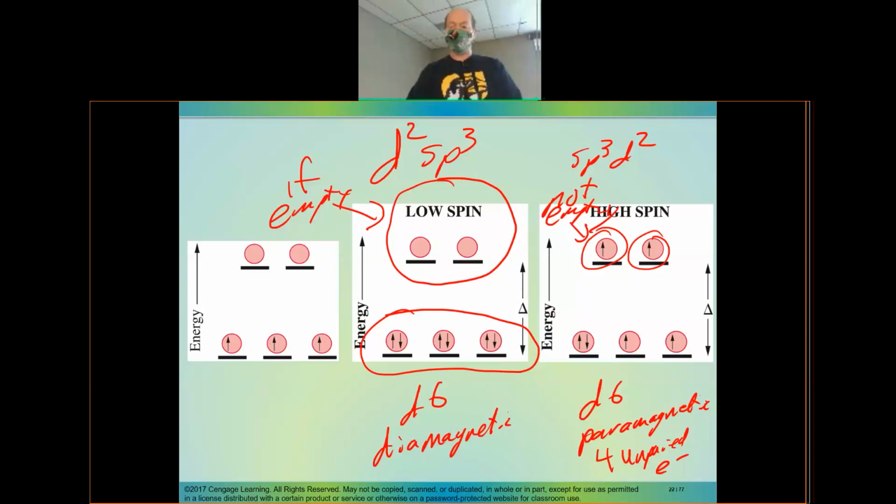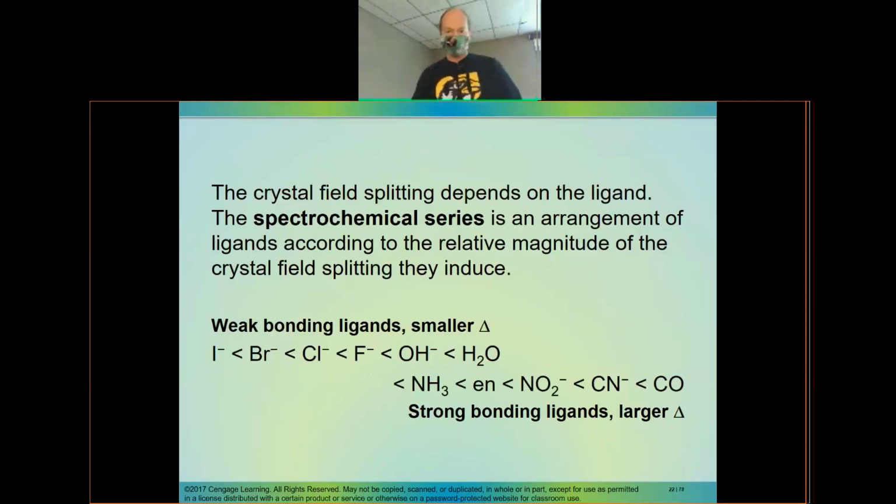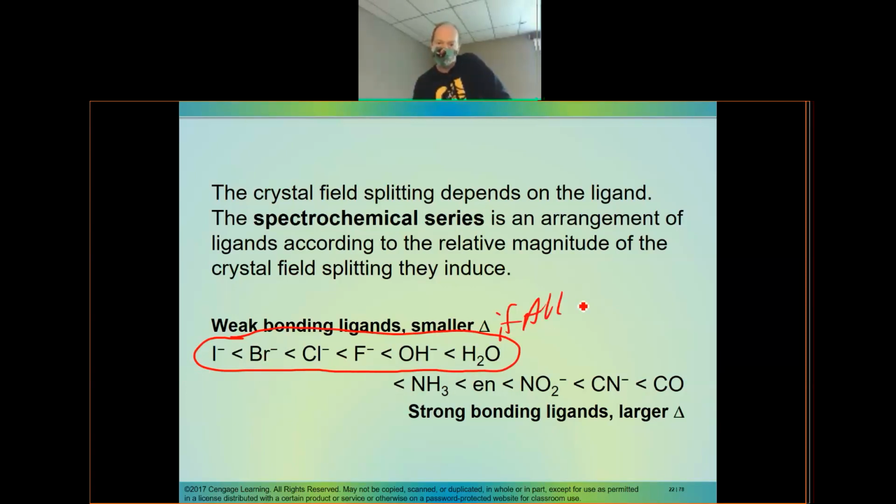Now, in order to know if you're going to have high spin or low spin, when you have a weak field ligand, so if all of the ligands are weak field, then it is going to be high spin.